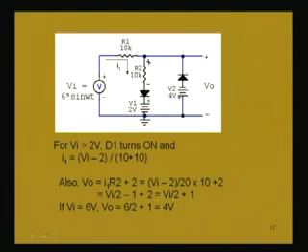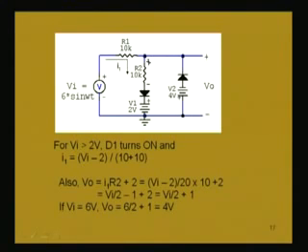So, what is this current? Just applying Kirchhoff's voltage law, Vi minus 2 divided by 10 plus 10, it is in kilo ohm. Now, Vi is a sinusoidal waveform. So, what we can find out is only the slope, and from that we can find out the shape of the output voltage.